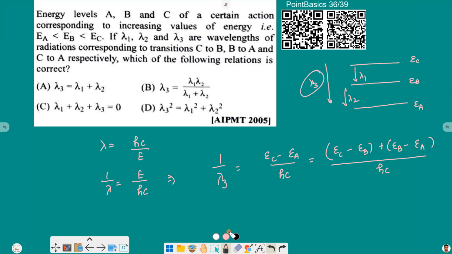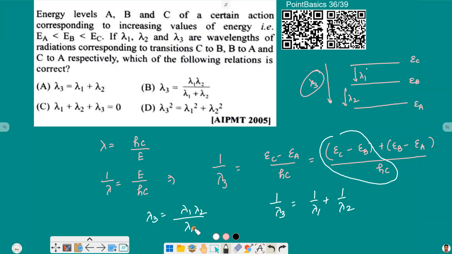Now, if I separate these terms like this, this will be energy difference between level C and B by hc, that is equal to 1 by lambda 1. So 1 by lambda 3 is equal to 1 by lambda 1 plus 1 by lambda 2. And from this I can write lambda 3 will be lambda 1 lambda 2 by lambda 1 plus lambda 2. That is option B for us. So option B is the right answer here.